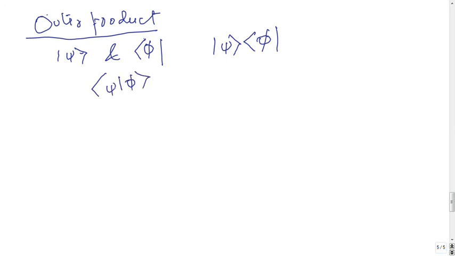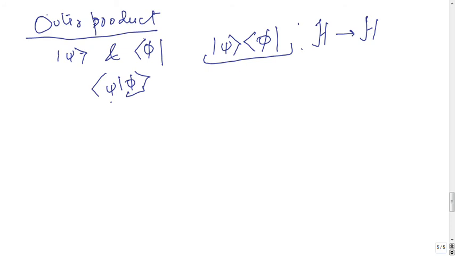We have just taken the complex conjugate of both of them and written it like this. So I think that's why they called this an outer product. I don't know, but that's my guess. This is nothing but a function which takes a vector from the Hilbert space and outputs again a vector in the same Hilbert space.